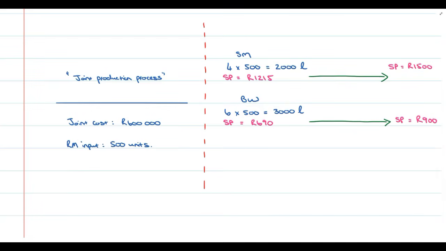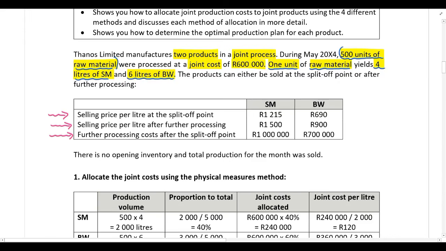But then we also have some further processing costs. SM has further processing costs of 1 million Rand, and BW has further processing costs of 700,000 Rand.